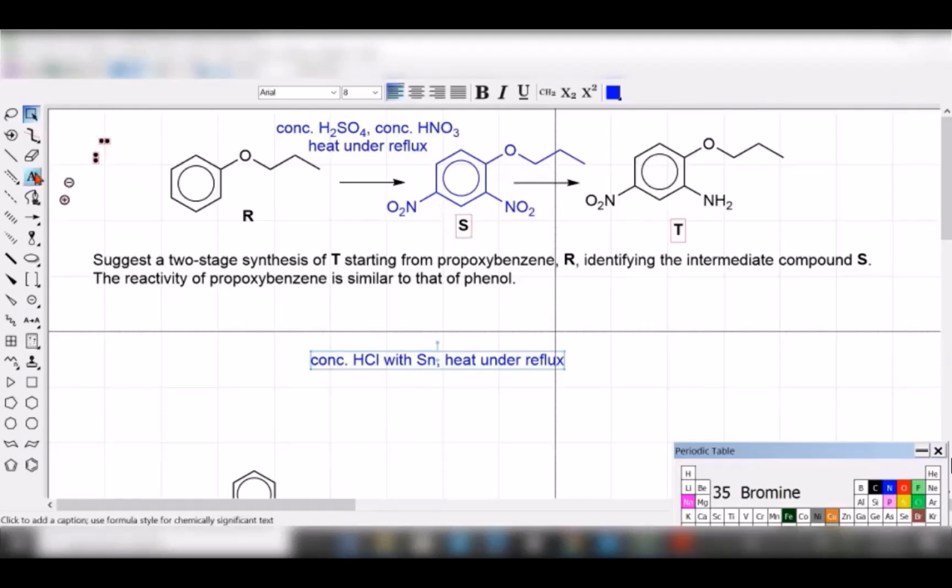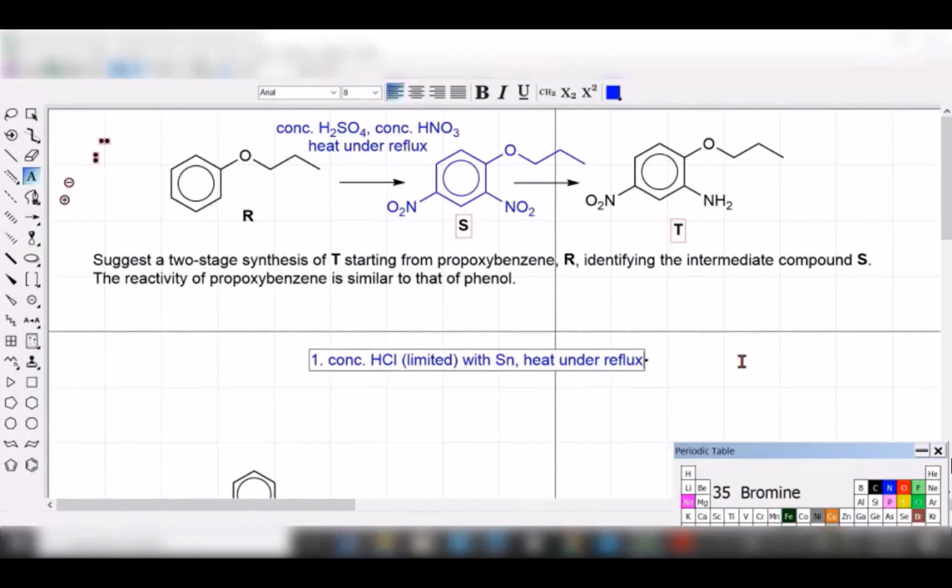So if you want to get around the problem, you might just want to put in the word "limited" here, in order to control the reduction. But to tell you the truth, this is not the real condition that works. We are just suggesting this because, with all due respect, it is not within what Cambridge requires you to know, and within what you know, right?